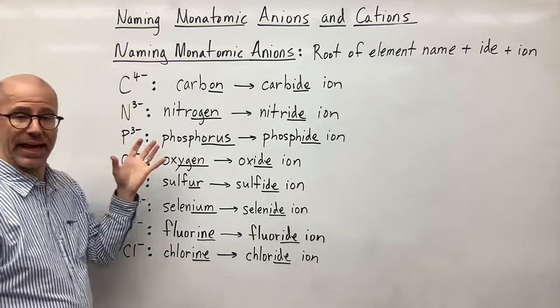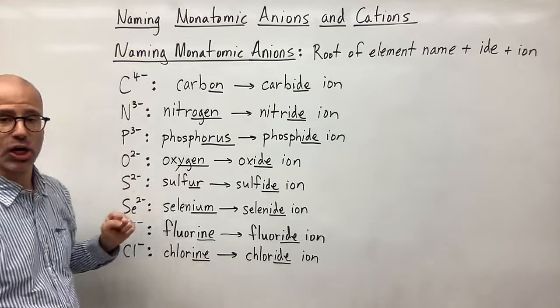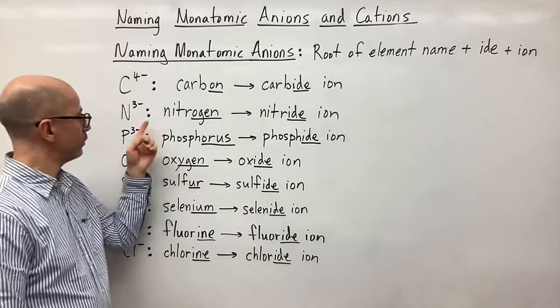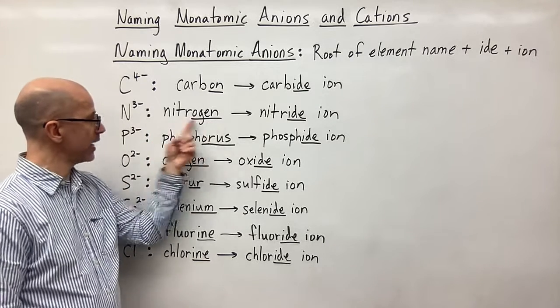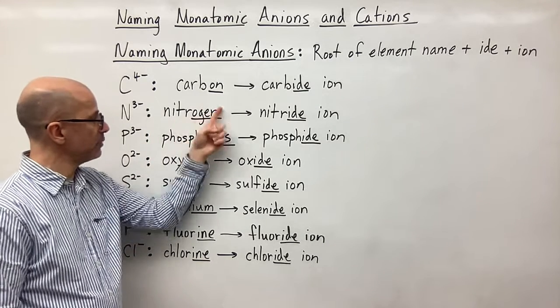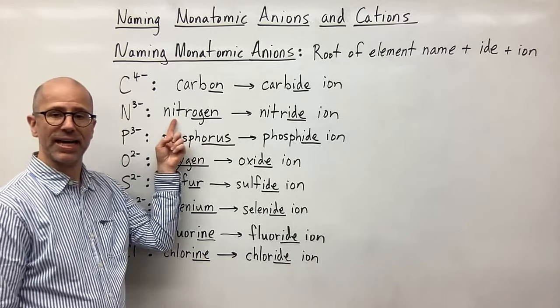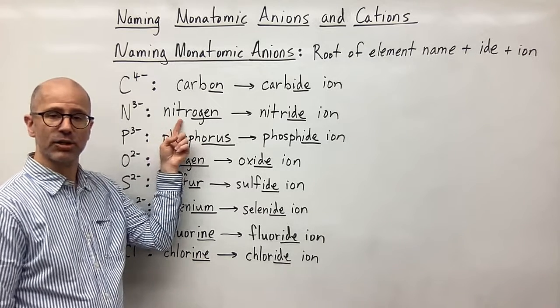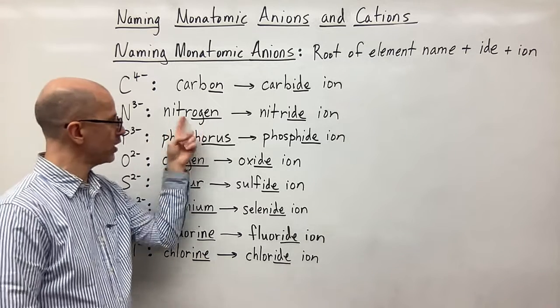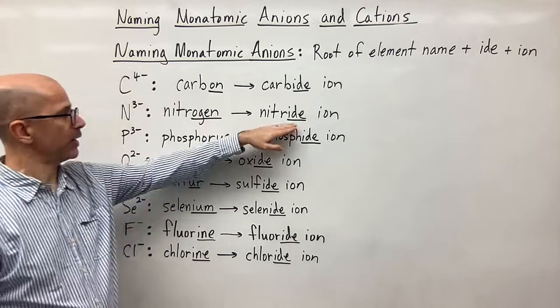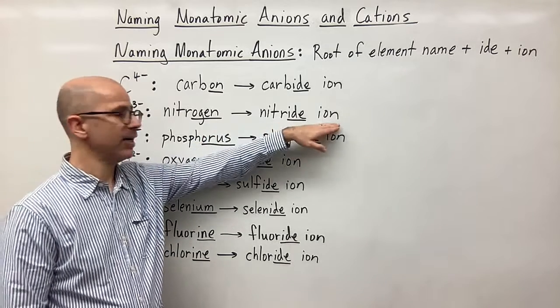Nitrogen is an N, right? But when it's a charge of 3 minus, then we take the word nitrogen, we take its name, we drop the ending and keep the root. In this case, the root is NITR, nitr, and we drop OGEN, and we replace that with IDE and add ion.